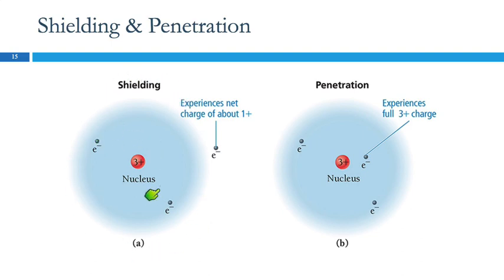And these are in the 1st orbit. These guys are closer. This guy's further away. So what happens here is that as this guy looks towards the nucleus, he's a little repelled by these other guys hanging around. So not as attracted as if those weren't there.